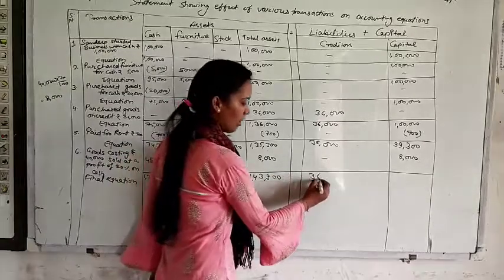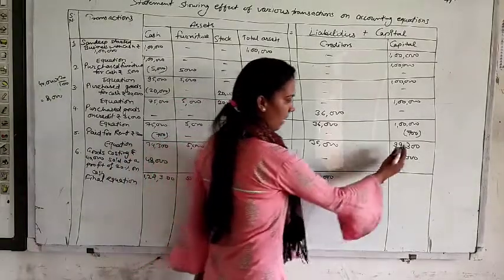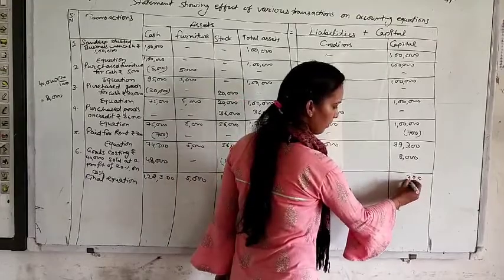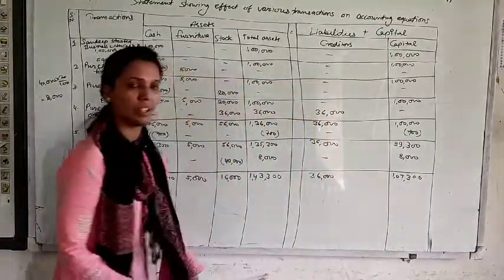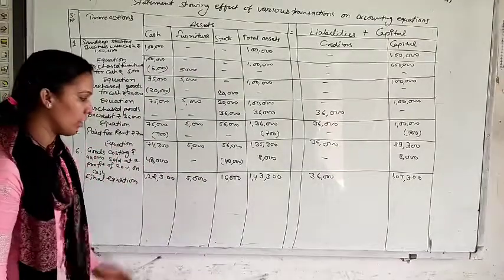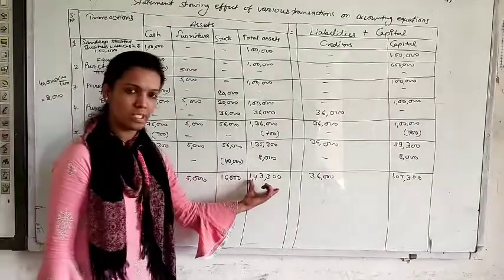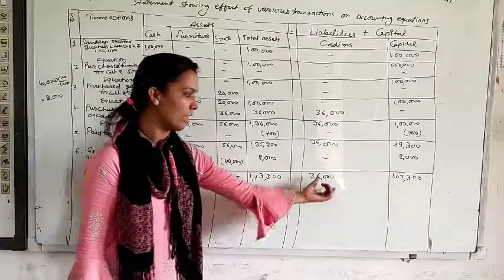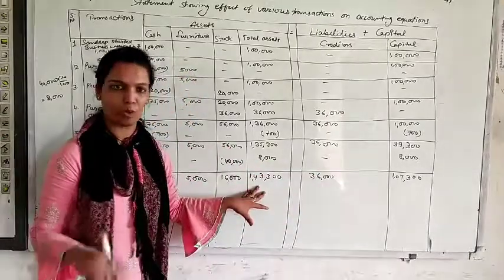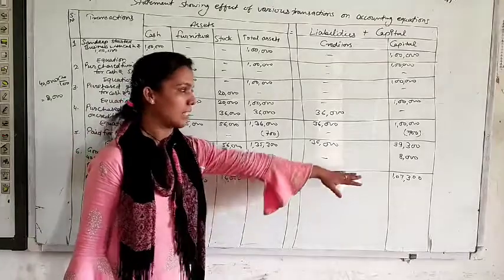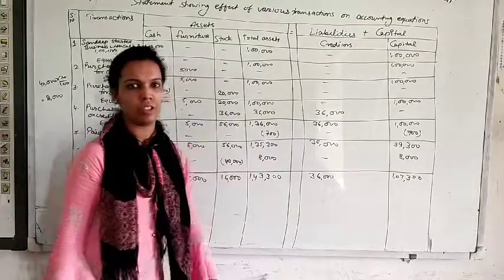Creditors are 36,000 and capital is 1,07,300. Match your final equation. Total assets, or assets, is equal to liabilities plus capital. 1,43,300, this is the amount of asset. Liabilities plus capital is also 1,43,300.